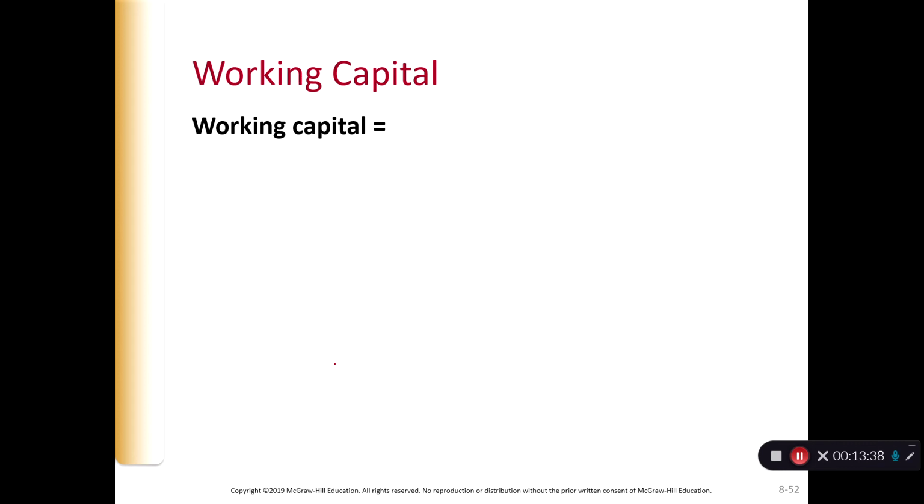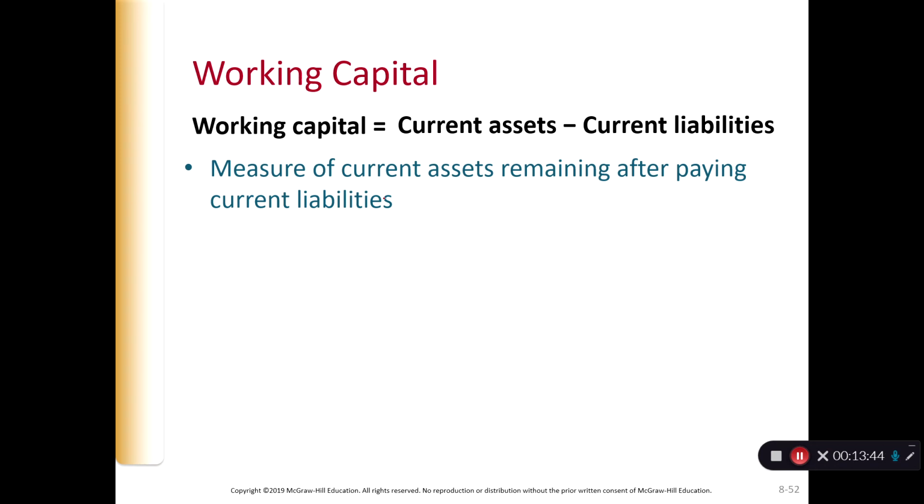Okay, what is working capital? Working capital equals current assets minus current liabilities. It's a measure of current assets remaining after paying the current liabilities. It's whatever is left over if you paid every current liability, right?